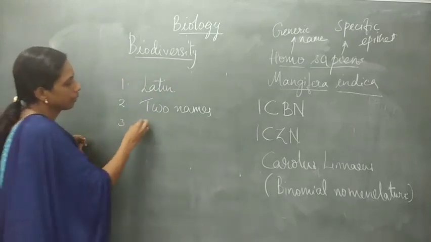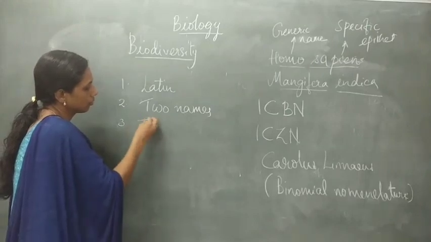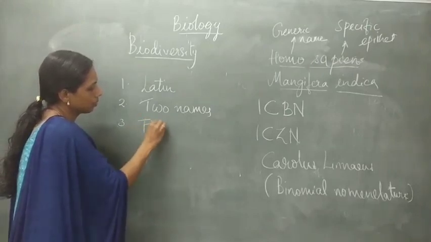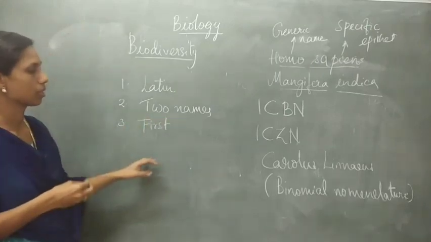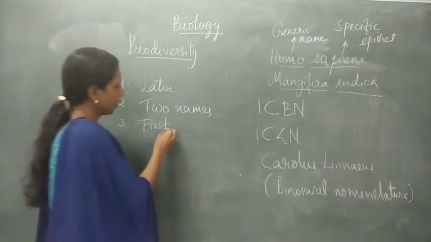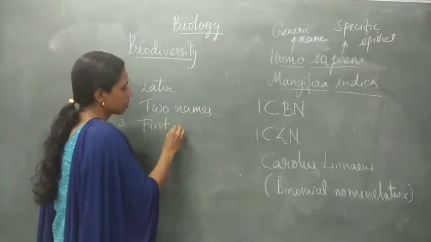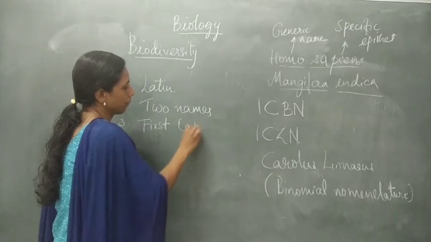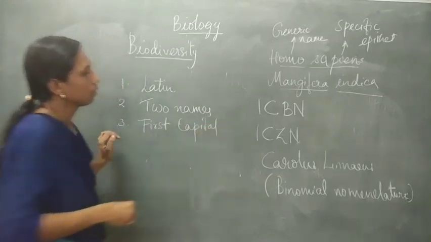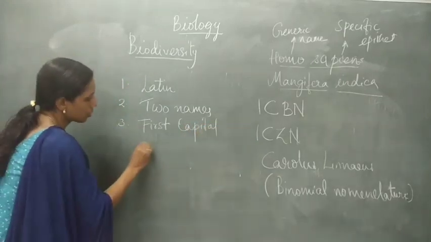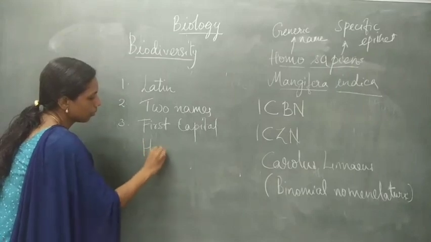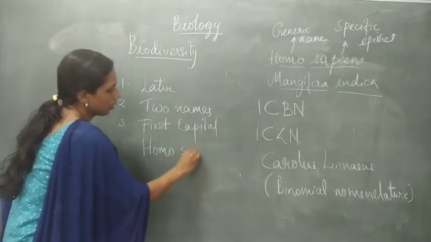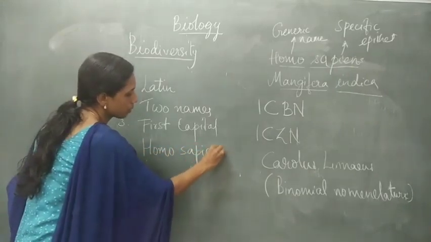Third, the first letter of the generic name, that is the first letter of the scientific name, is written in capital. So in Homo sapiens, you can see H is capital in Homo, and the species name starts with a small letter.